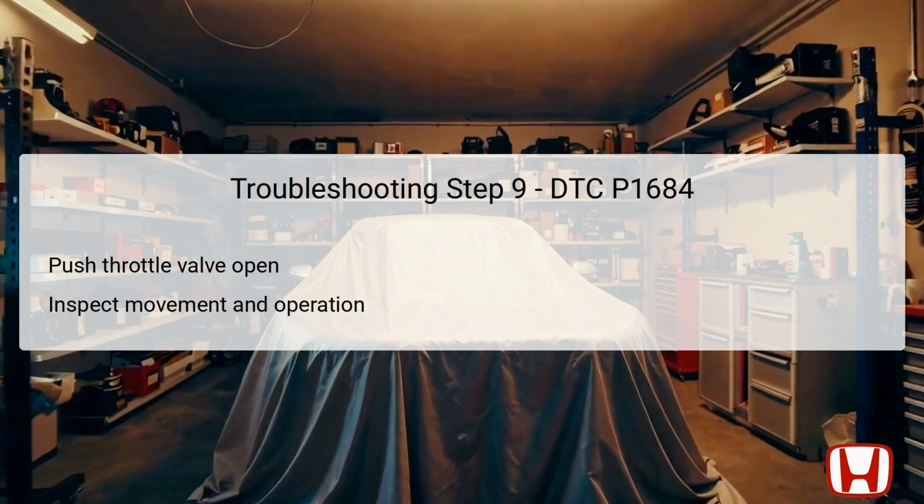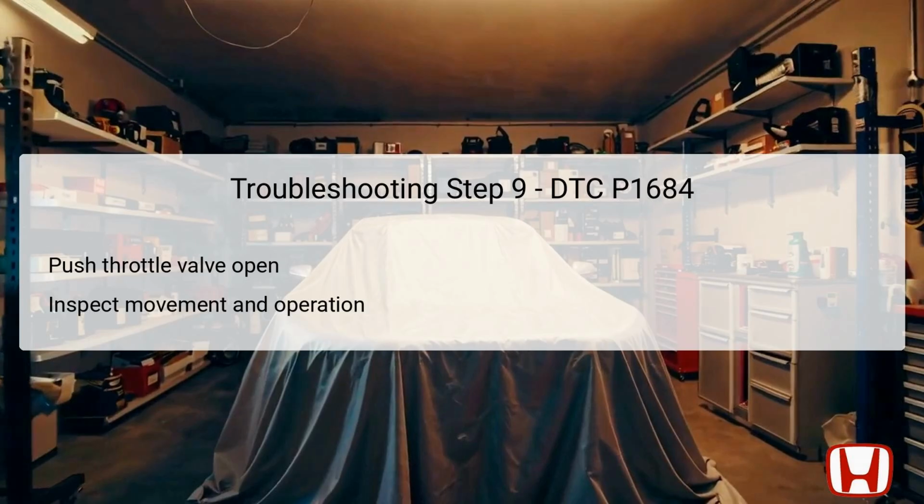In Step 9, the technician is instructed to push the throttle valve open manually. This hands-on approach allows for a direct inspection of the valve's operation and its responsiveness to manual inputs. The technician should observe how the throttle valve reacts to being opened. It should move smoothly and without hesitation.